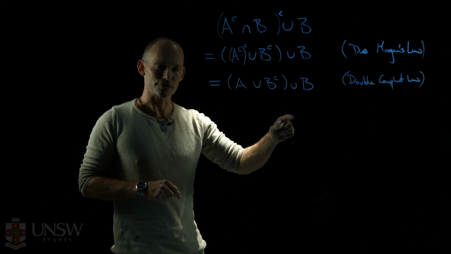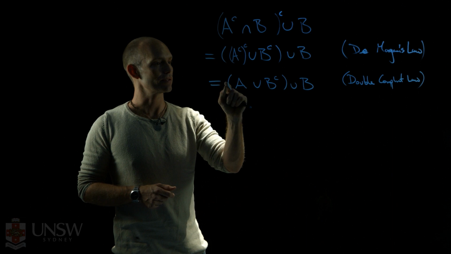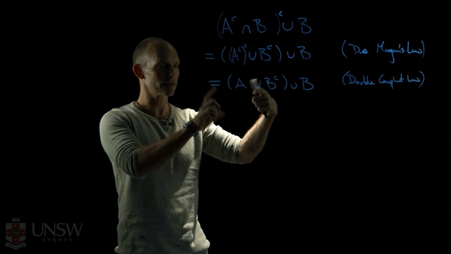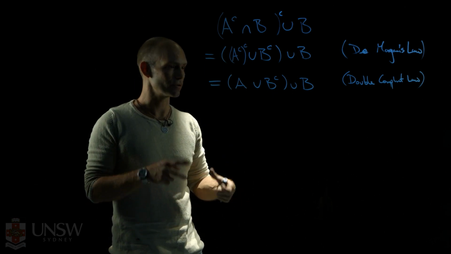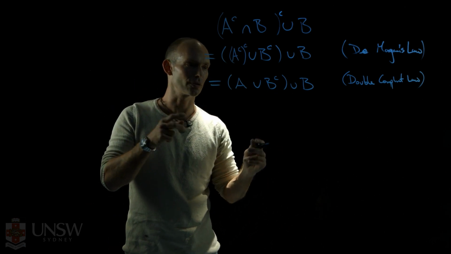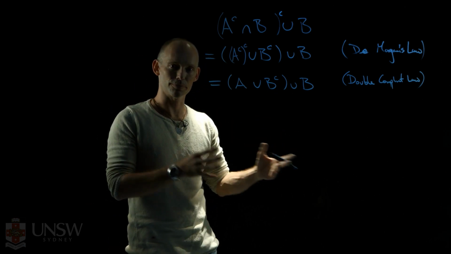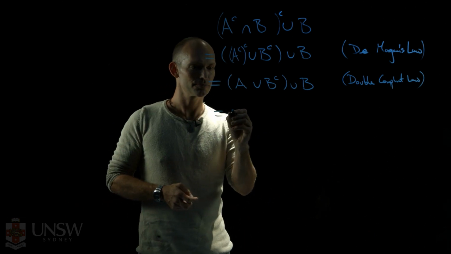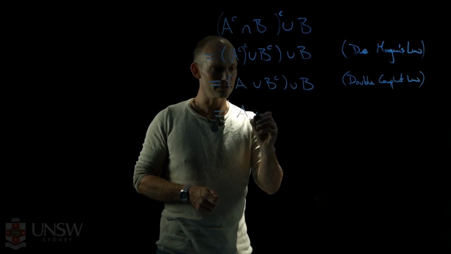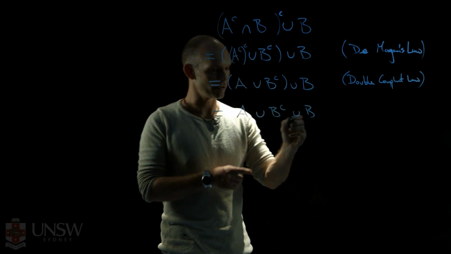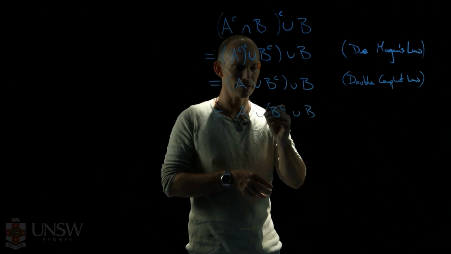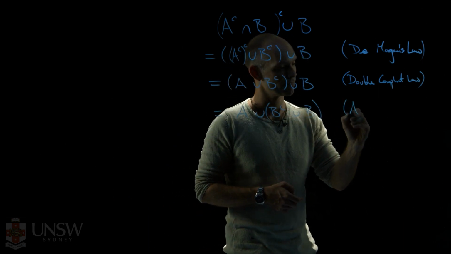Now if we look at this expression here, we have something, something, something and some brackets, but we have only the union operation going on. So in that case, we can use the associative law that says that it doesn't matter where we put the bracket. So let's put the bracket elsewhere, like A union B, complement B, and the union there, and move the bracket over there using the associative law.